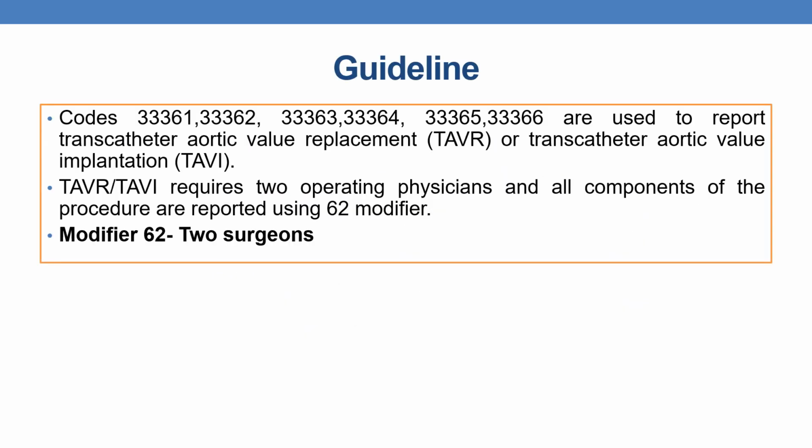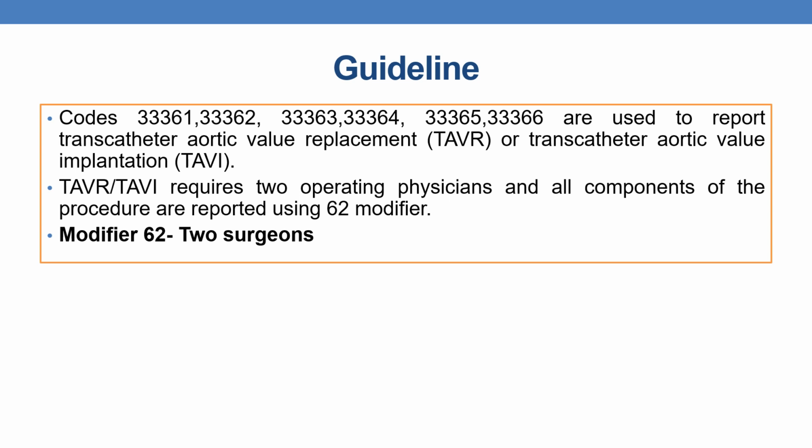Now let us see the guidelines for appending the modifier, because here multiple procedures are performed. Codes 33361, 33362, 63, 64, 65 and 66 are used to report transcatheter aortic valve replacement. This guideline you can find in the CPT book. They are used to report transcatheter aortic valve replacement, TAVR, or transcatheter aortic valve implantation, TAVI.